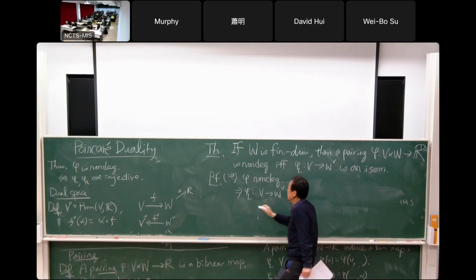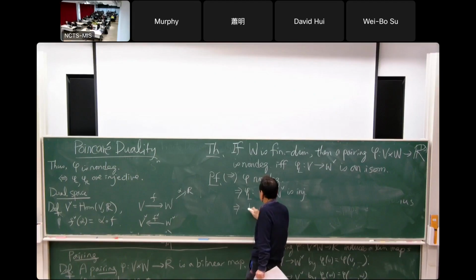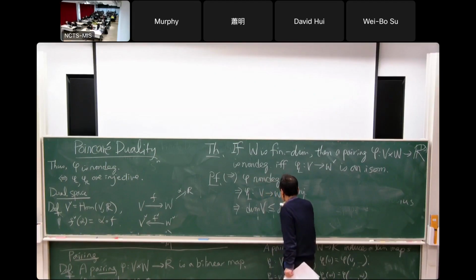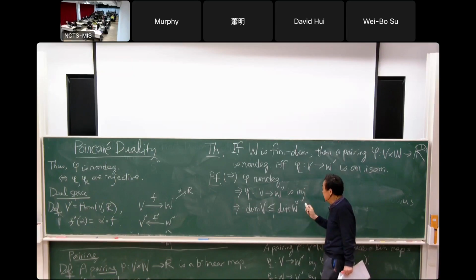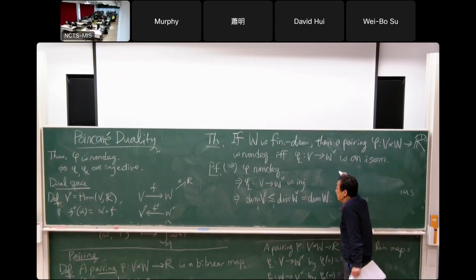And so the dimension of V is less than or equal to the dimension of W dual, because it's finite dimensional; it has a dimension, and the dimension of the dual is the same as the dimension of the space.